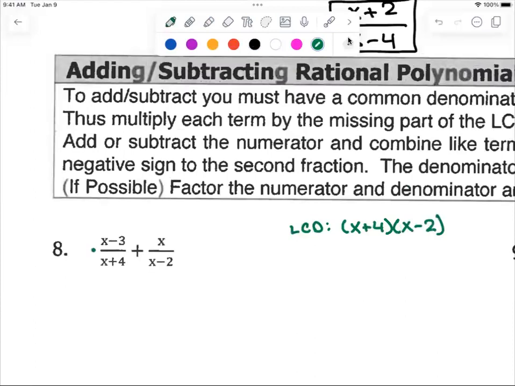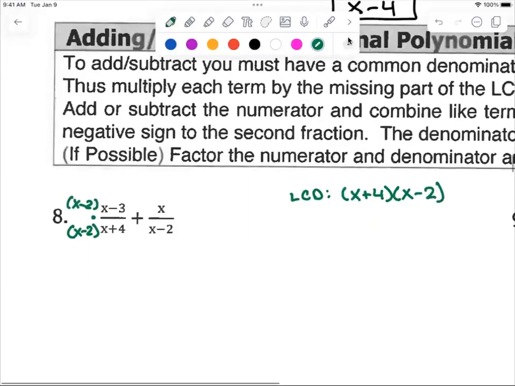So the x plus 4 is missing an x minus 2. Whatever you multiply to the bottom, you also multiply to the top. So we're going to end up having x minus 2. I'm going to go ahead and do the next part first. On the second fraction, we have an x minus 2, which means we're missing an x plus 4.